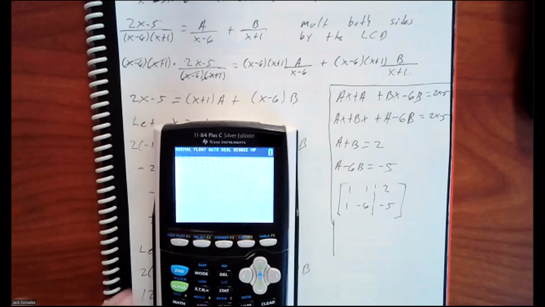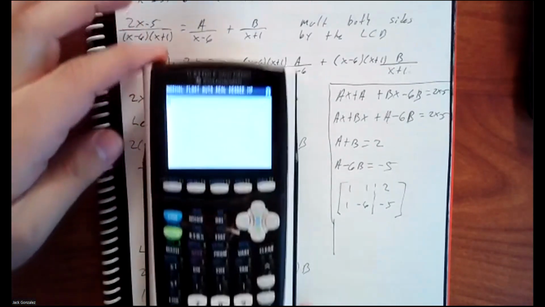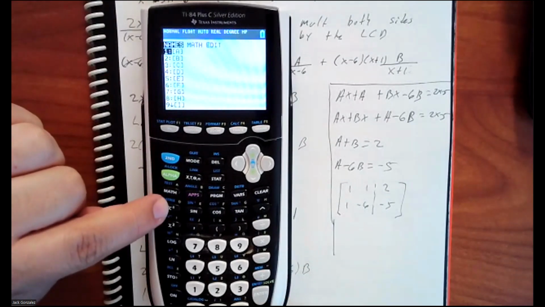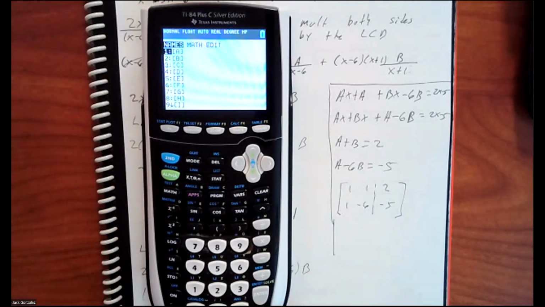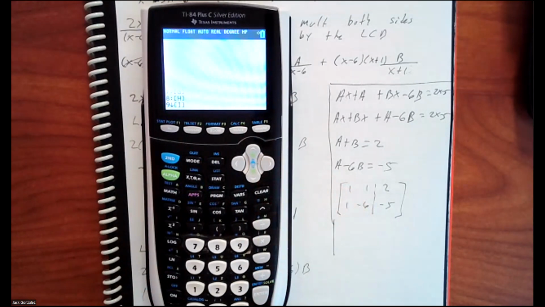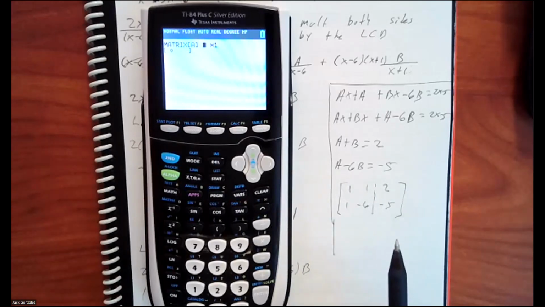So hit second, and then go to the x inverse button right here. That takes you to the matrix menu. Once you're in there, you're going to edit the first one. So go to edit. And then we got to decide, all right, what are the dimensions? Well, we have 2 rows, 3 columns. It's always row by column.